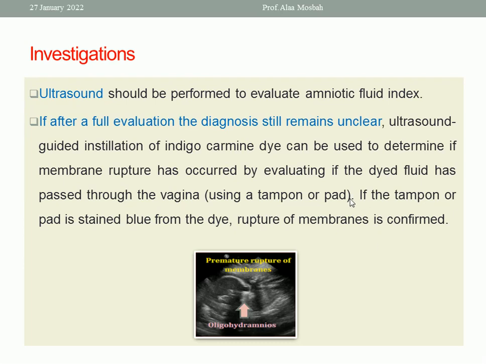If you find the pad soaked with the blue dye, this denotes that there is prelabor rupture of membrane, because the dye passes from inside the uterine cavity with the amniotic fluid through the cervix, through the vagina, and the pad becomes soaked with this dye. Rarely do we need this invasive test, because from other items of history, examination, and investigation, we can reach the diagnosis easily.